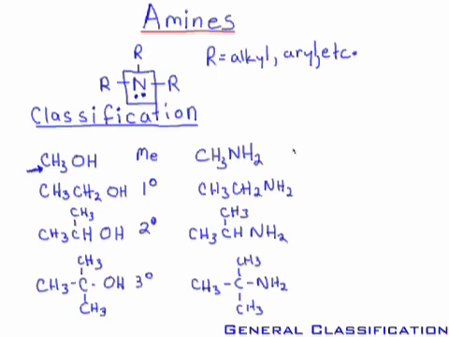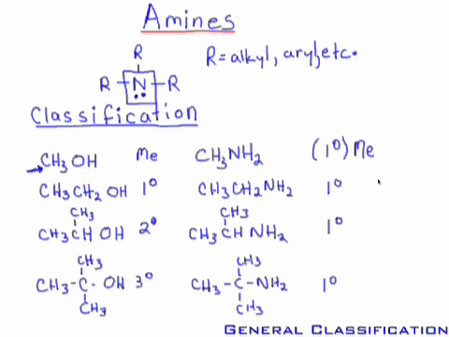Now, if I was to classify these amines using that methodology, this nitrogen has one carbon. This nitrogen has one carbon attached to it. This nitrogen has only one carbon directly attached to it. This nitrogen only has one carbon directly attached to it. They'd all be primary. Now, in fact, methylamine is often referred to, even though it is primary, as a methylamine.